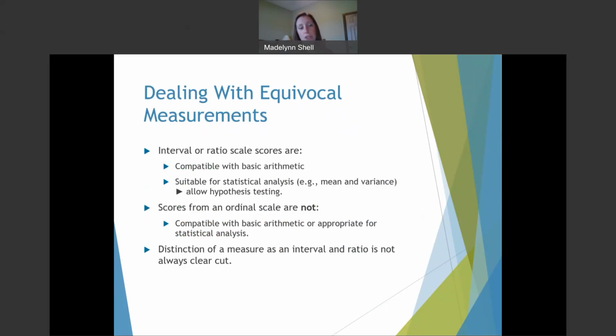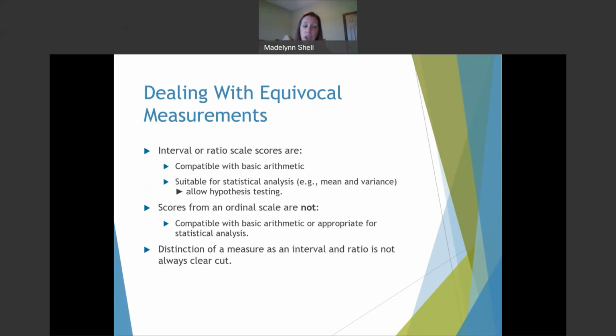With interval or ratio scales, you can use basic arithmetic, and you can do statistical analyses, which enable us to do hypothesis testing. Scores from ordinal scales are not compatible with basic arithmetic or most statistical analyses. There are some you can do, like chi-squared, but generally we tend to do more of our hypothesis testing with interval or ratio scales.